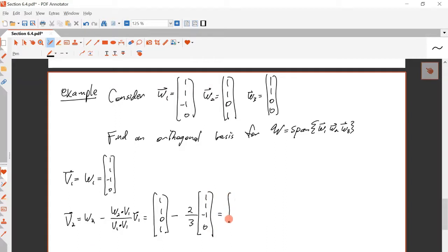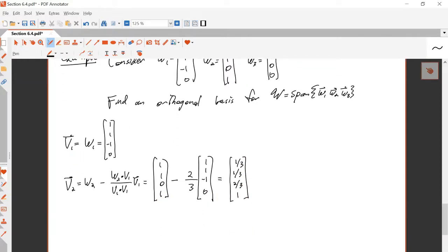So we get 1 minus 2/3, that's 1/3. 1 minus 2/3, that's 1/3. 0 minus negative 2/3, that's positive 2/3. And 1 minus 0 is 1. So 1/3, 1/3, 2/3, 1.